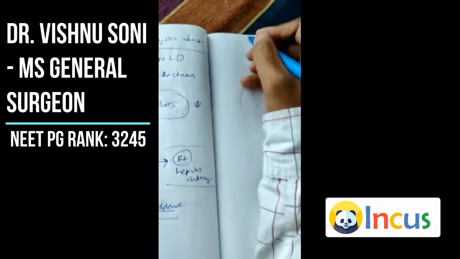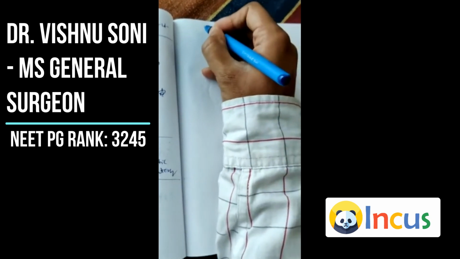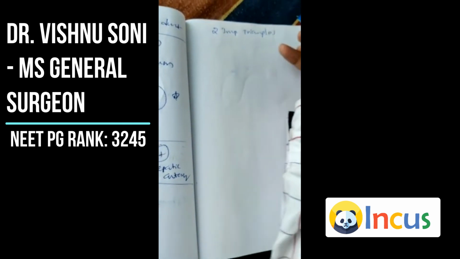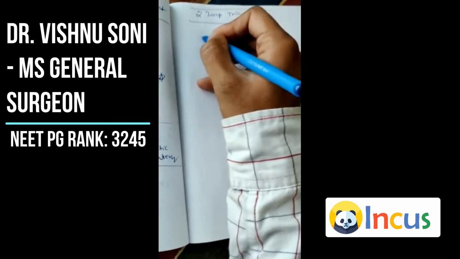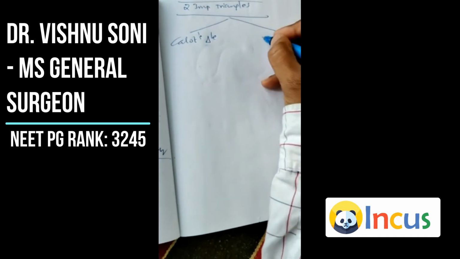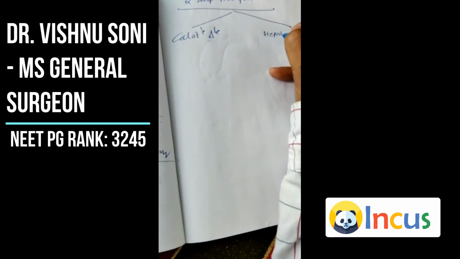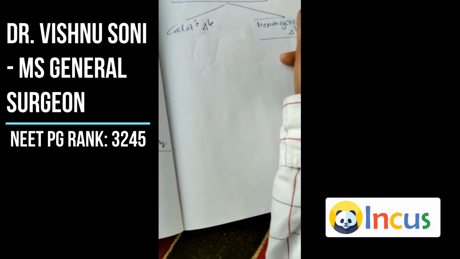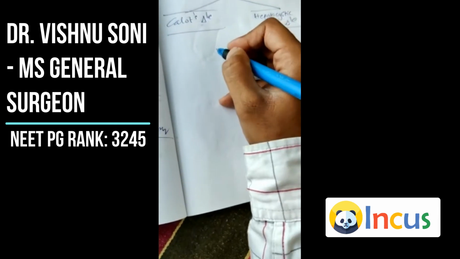Okay, there are two important triangles, continuing with anatomy. Two important triangles related to the gallbladder. One is Calot's triangle, very important, guys, for entrance. The other one is the hepatocystic triangle. Right, what are these triangles?